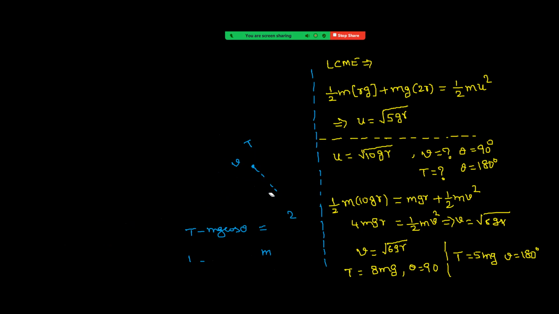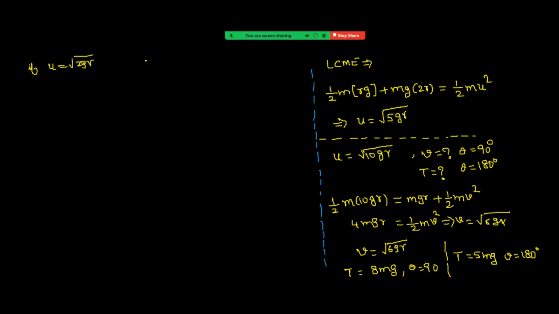First, we are taking the condition that if velocity equal to root 2gr, what happens? See carefully. First condition, if u value is root of 2gr.